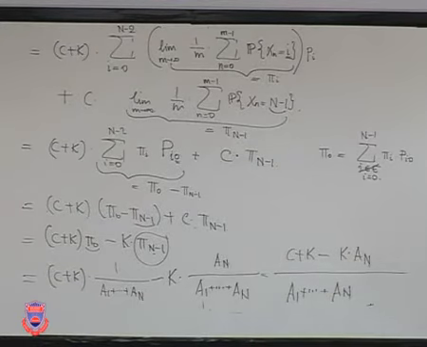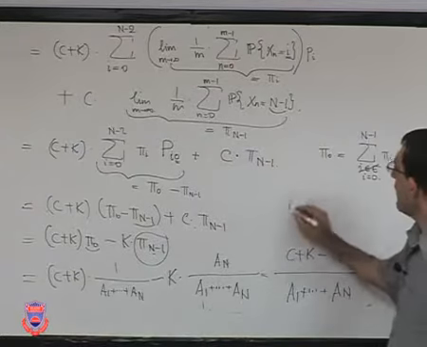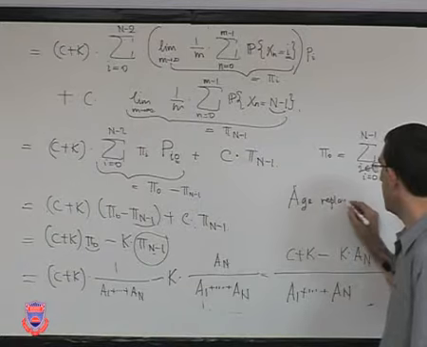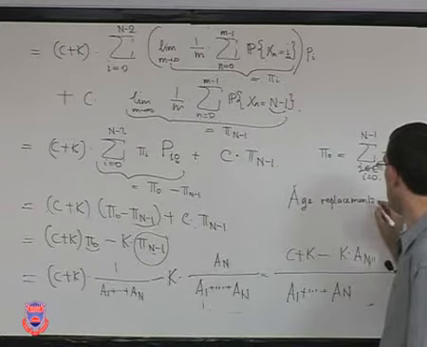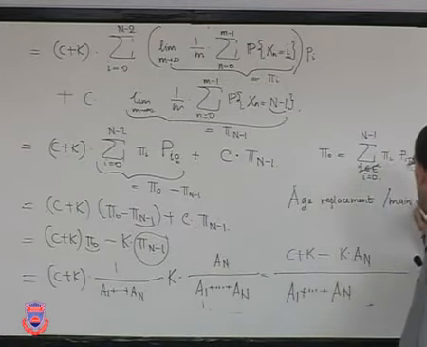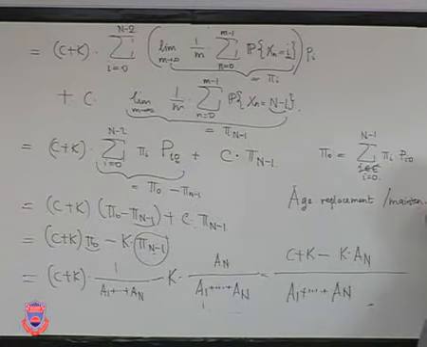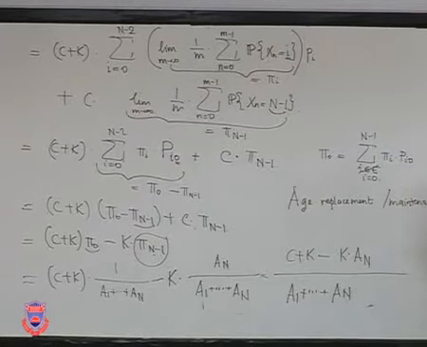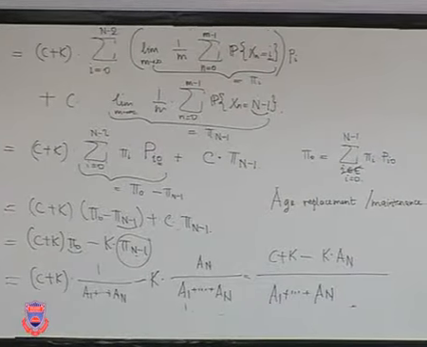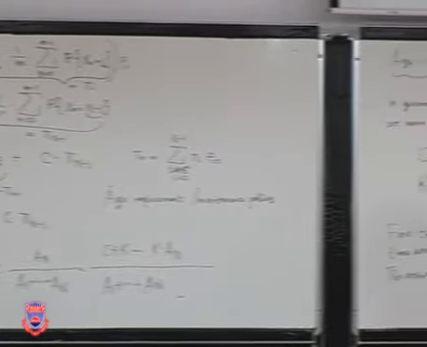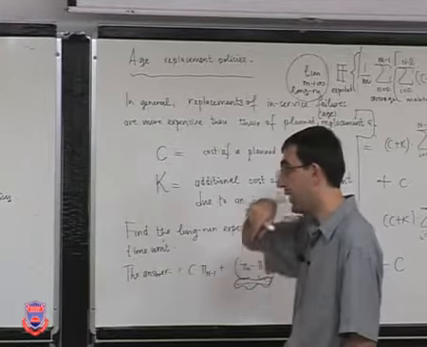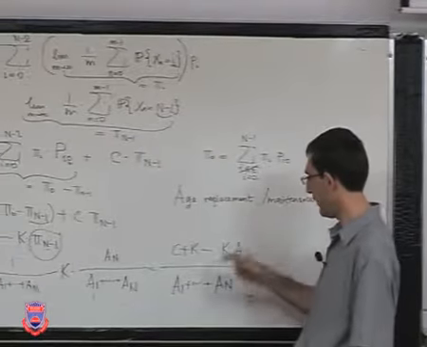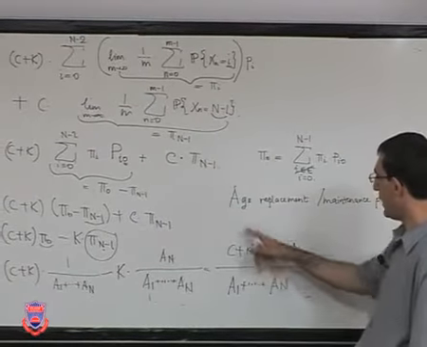Right? So what did we quantify? If you decide to implement an H replacement maintenance policy, right? This was a maintenance policy. And if you know that the cost for a planned replacement is C, and the additional cost for an unplanned replacement because of an in-service failure is K, then this is actually what?